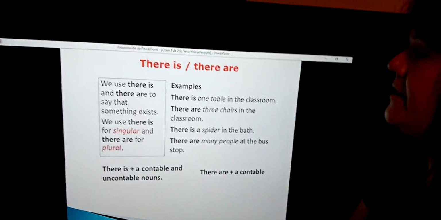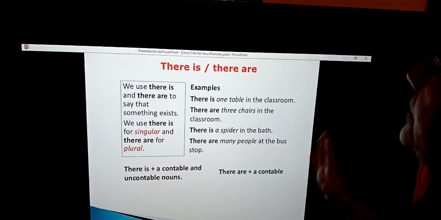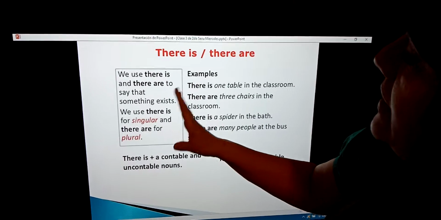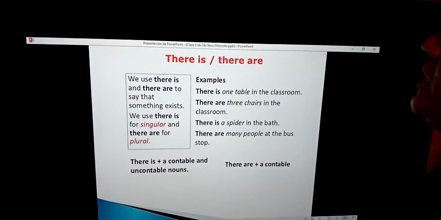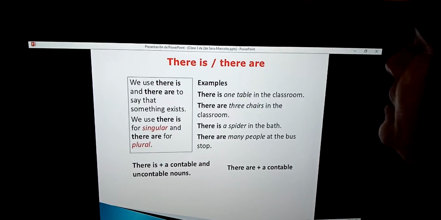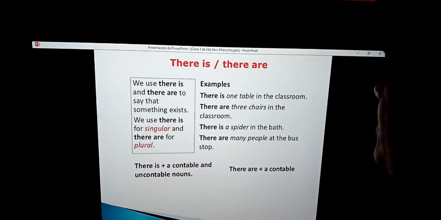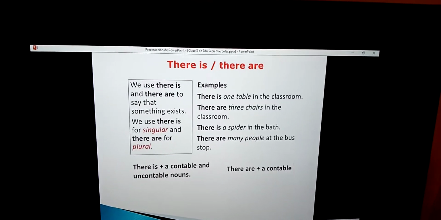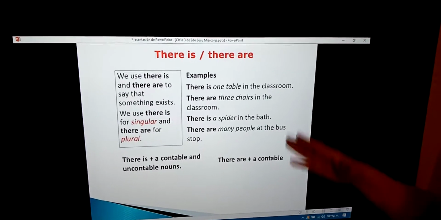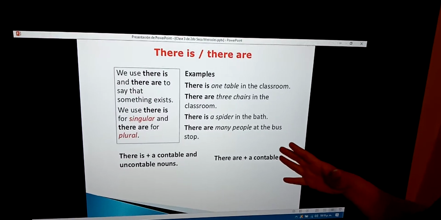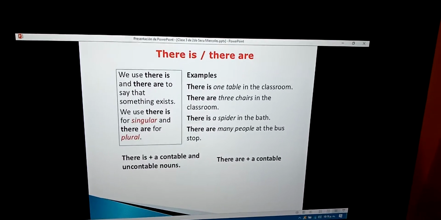Right here is "there is" and "there are." We use "there is" and "there are" to say that something exists. We use "there is" for singular and "there are" for plural. Example: there is one table in the classroom. There are three chairs in the classroom.